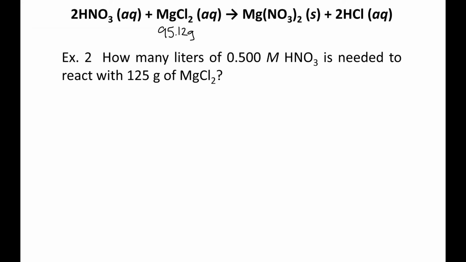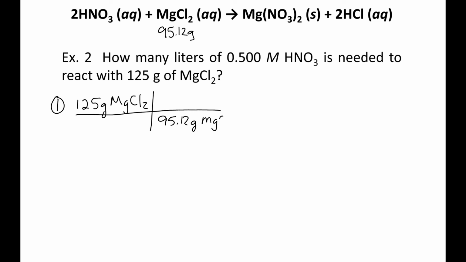So let's try an example. How many liters of 0.5 molar HNO3 is needed to react with 125 grams of MgCl2? Okay, so our first step is 125 grams of MgCl2. Molar mass is 95.12 grams of MgCl2 per 1 mole of MgCl2.